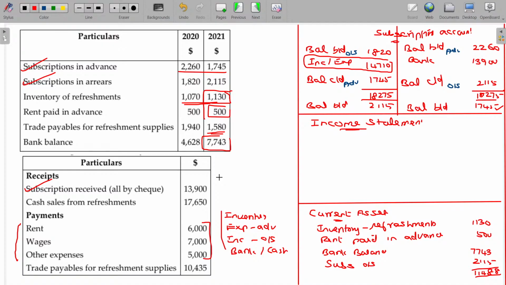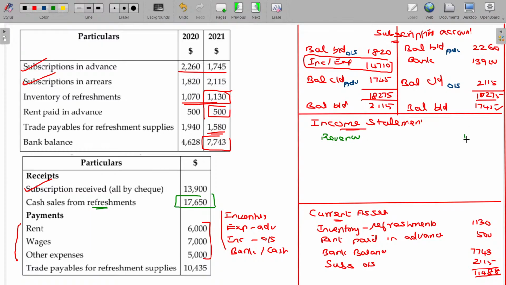Now I have to find out, in the income statement, the amount recovered or profit earned because of running the refreshment cafe. In case of refreshment, cash sales from refreshment being this much is revenue from operations.